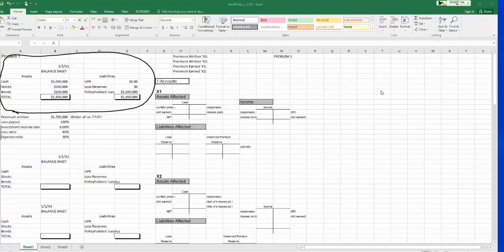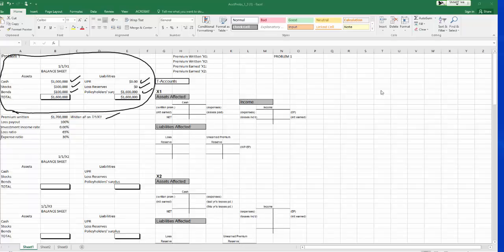They will have cash of $1 million, stocks of $500,000, and bonds of $100,000. Then they will have unearned premium reserves of 0 because they haven't written any premium yet. Similarly, they will have loss reserves of 0, and all of their liabilities and surplus will be in policyholder surplus of $1.6 million. That's just at the beginning.